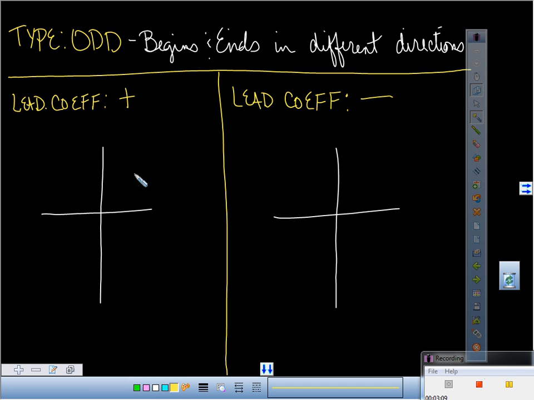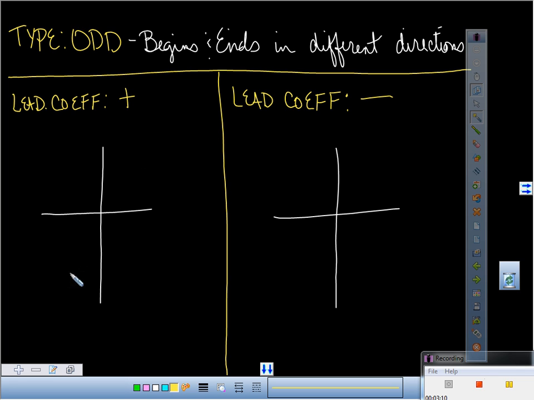Okay, so if my leading coefficient is positive, y'all, the sign of the leading coefficient tells you where your function ends up going. Okay? A positive leading coefficient is going to tell me that my function is going to end up going up. So if it's odd, where's it going to start? Down.